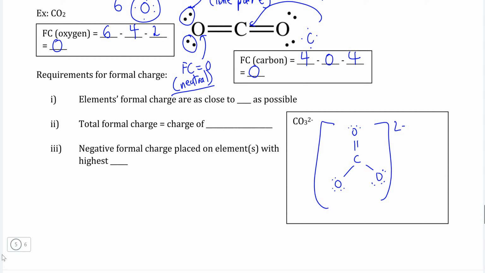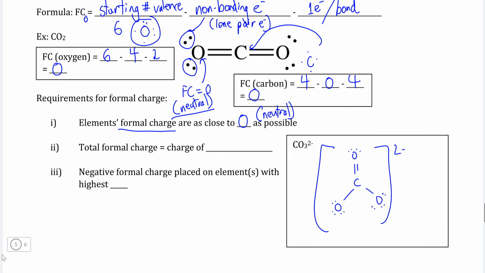Now, a few things that we use formal charge for. Elements are always stable as long as their formal charge is as close to 0, meaning as close to neutral as possible, meaning that the element has neither gained nor lost electrons.